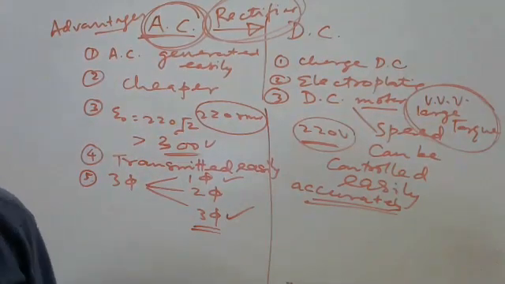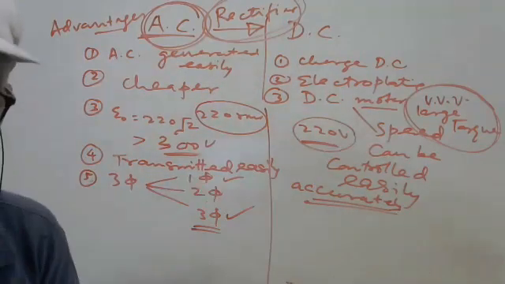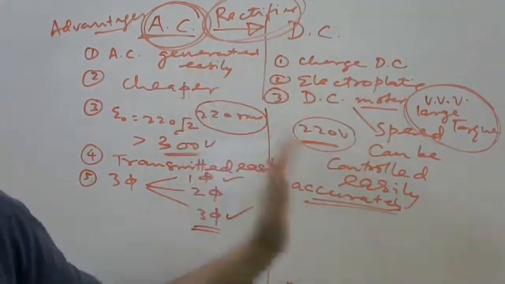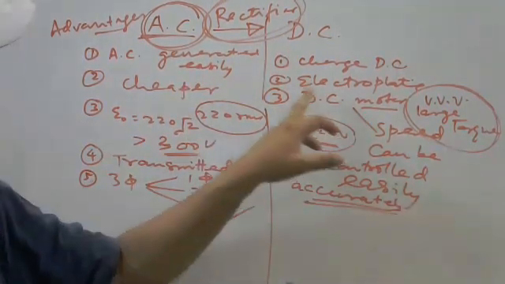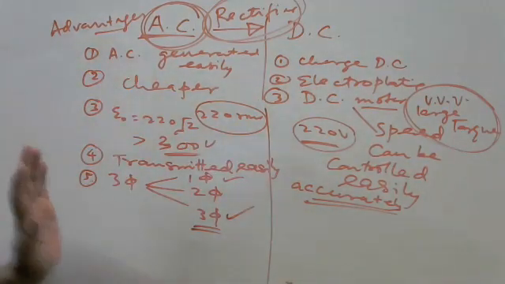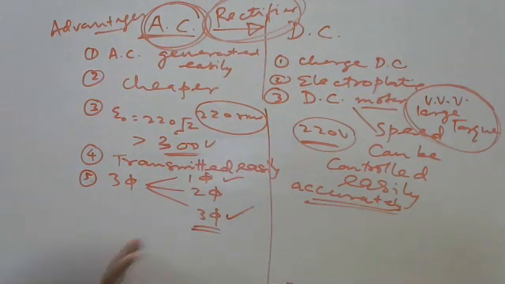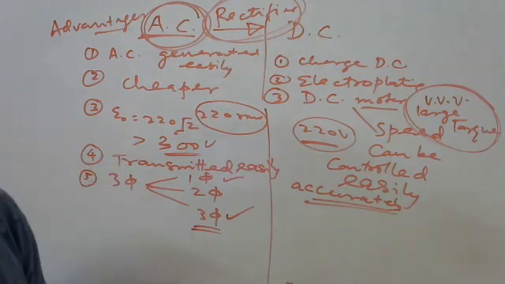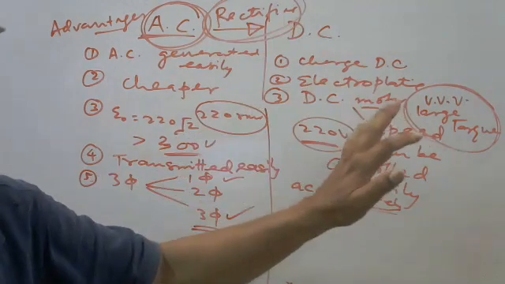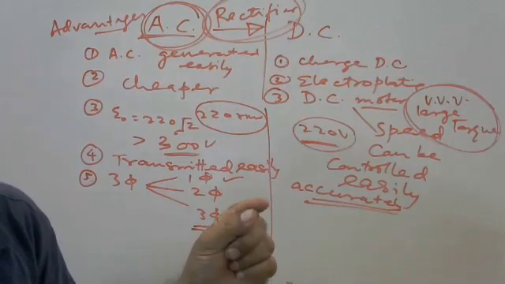And braking is also there by using eddy current, so we can speed up and brake easily in the case of DC. So we cannot ignore DC. I have told you many advantages of DC and many advantages of AC. So AC cannot be replaced by DC and DC cannot be replaced by AC. But very fortunately, we can convert AC to DC easily. DC to AC can also be converted, but it is a difficult process.